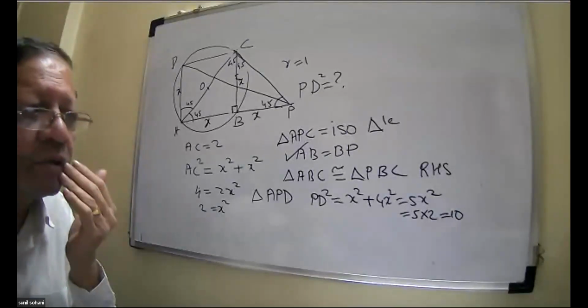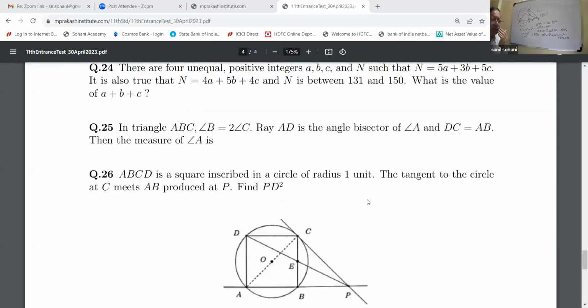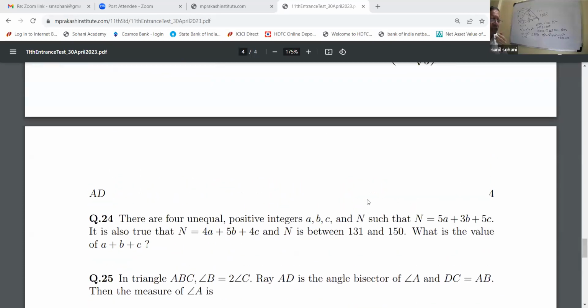Done? So I'll share the screen of the question for some time. So as I said, question 25 later on. So first, let us finish simpler questions. So question 24 is simpler.